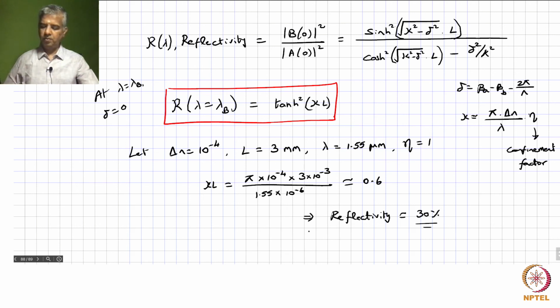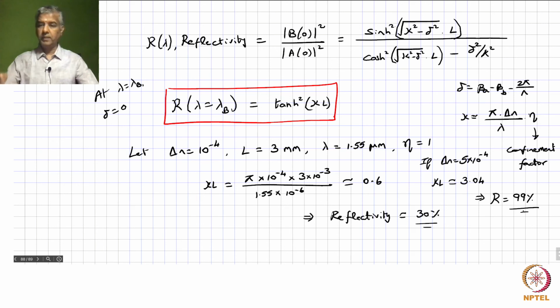For example, if you considered delta n of 5 into 10 power minus 4 for the same parameters, you would find that kappa L is approximately 3.04, and this would imply a reflectivity of close to 99%.